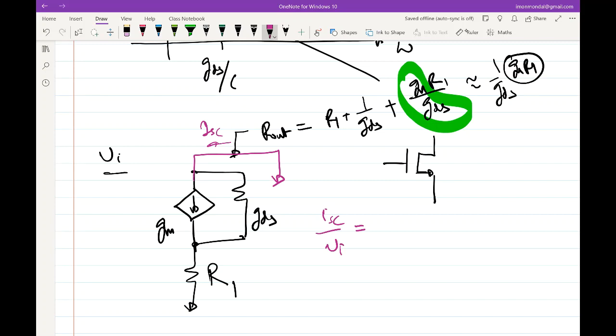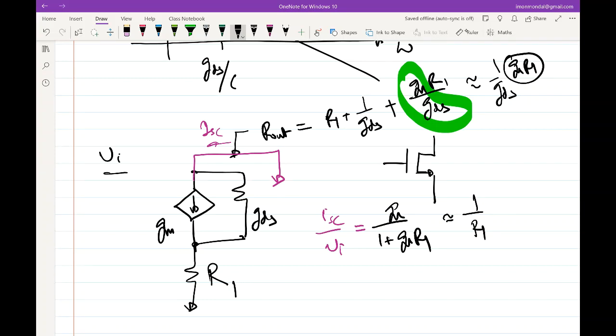And this was a part of the assignment that you submitted today. It is GM upon 1 plus GM R1, right? And we assume that GM R1 is more than 1, so this approximately becomes equal to 1 by R1.